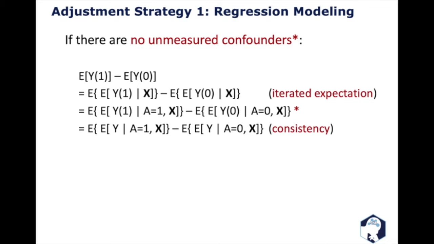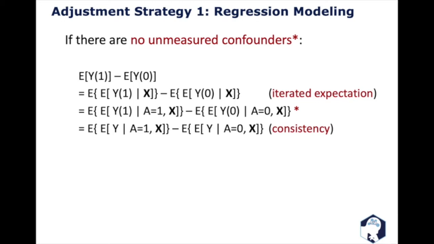And I'll just walk through the derivation from the potential outcomes to the expression using our observed data. So here we start off with the difference in the marginal expected values of the two potential outcomes. That's our average causal effect of interest.